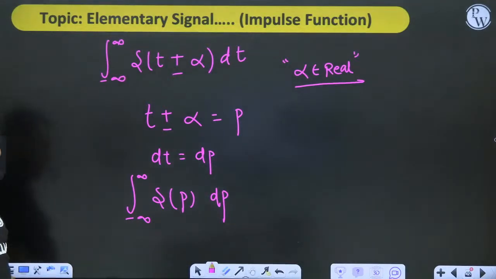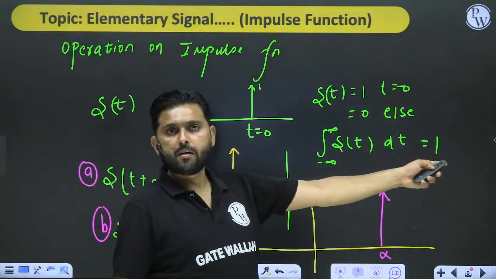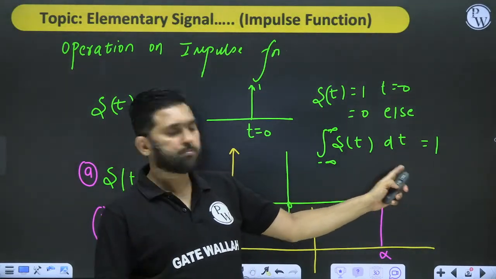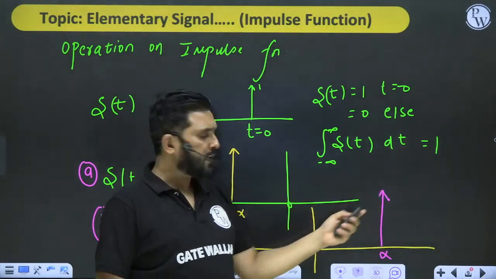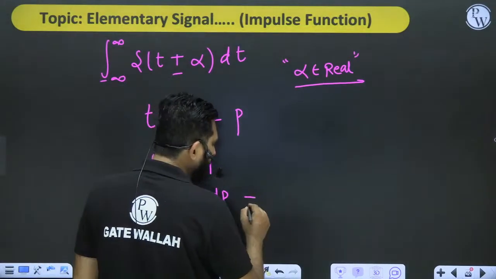Now if you compare this with the earlier equation, there is just a change of variable, the meaning is exactly the same, there is a t here and a p here, and hence this is also equal to 1.